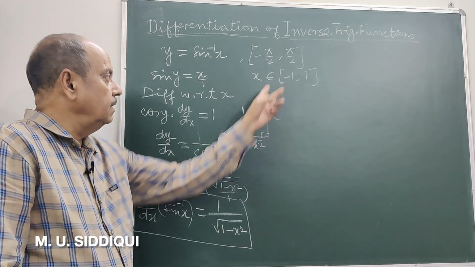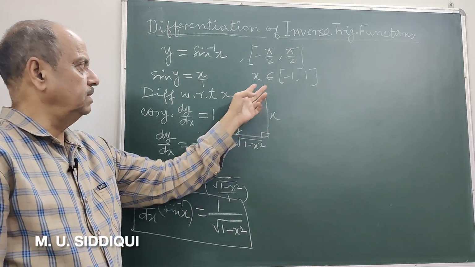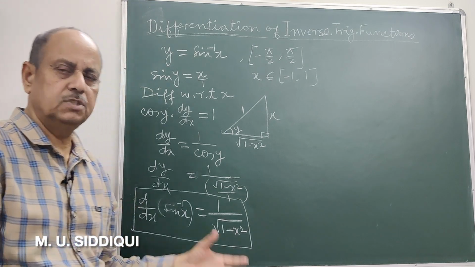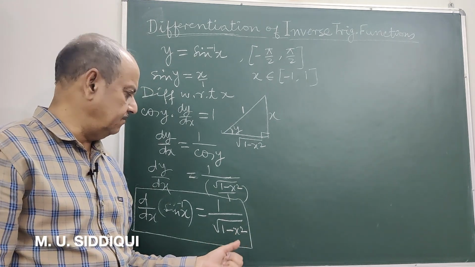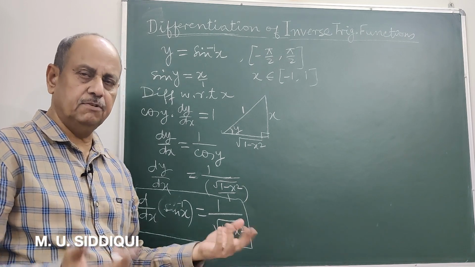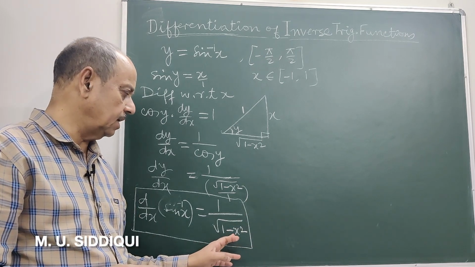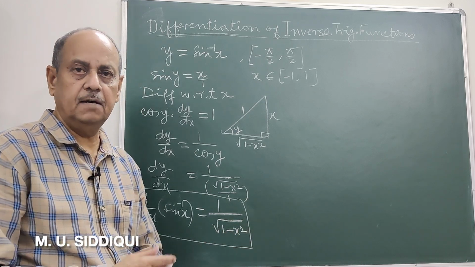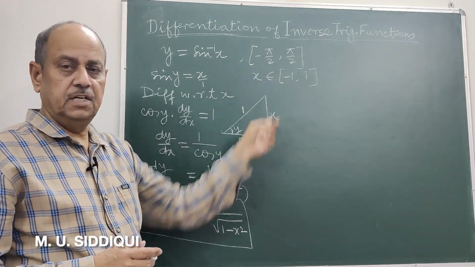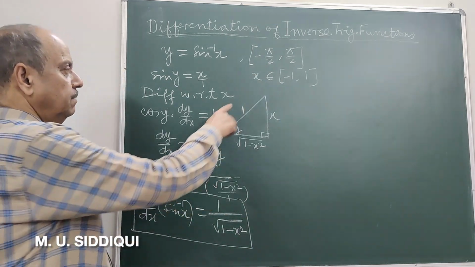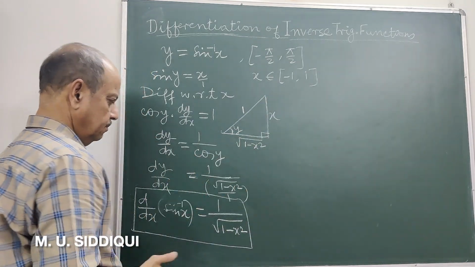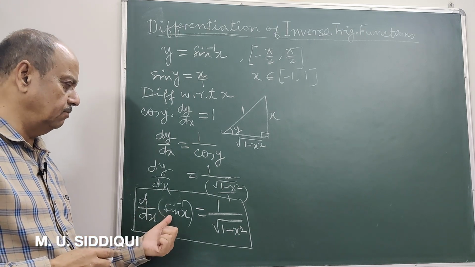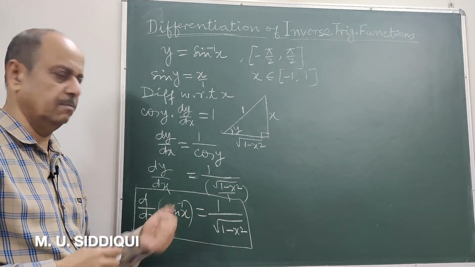So this confirms that for values of x between minus 1 and plus 1, this root will always give you a real number, because if x went more than 1, if it was possible, 1 minus a number greater than 1 would give you a negative value, and root of that negative value will not be a real number. So that restriction is essential to be stated, that x will be between minus 1 and plus 1, therefore this will remain positive, and therefore you got this standard formula. Derivative or differential coefficient of sine inverse x is equal to 1 upon root 1 minus x square.